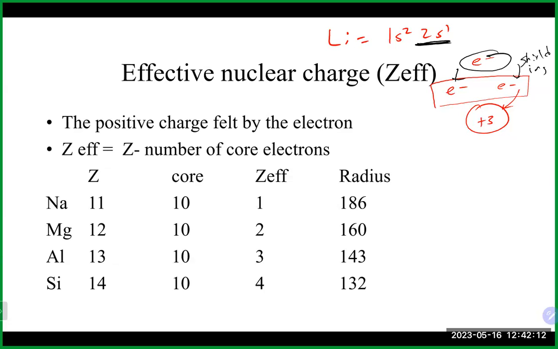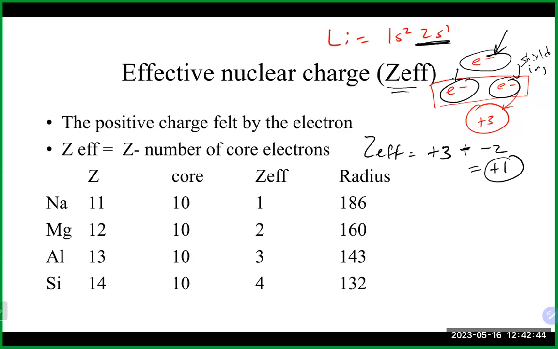So we can actually calculate Z effective, the positive charge that electron is feeling. It would be the positive charge of the nucleus, +3, minus the negative charge of our 2 inner electrons, which is -2. So that outer valence electron is only feeling a +1 attraction to the nucleus rather than +3.